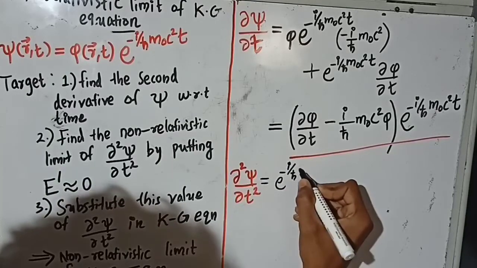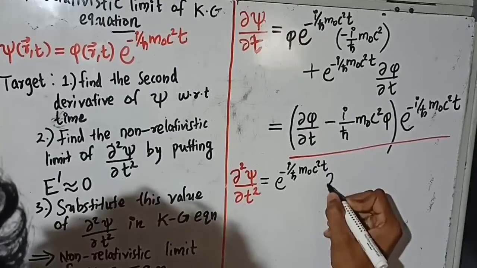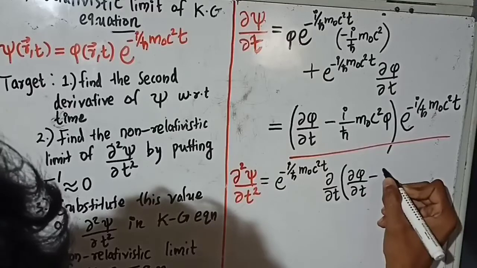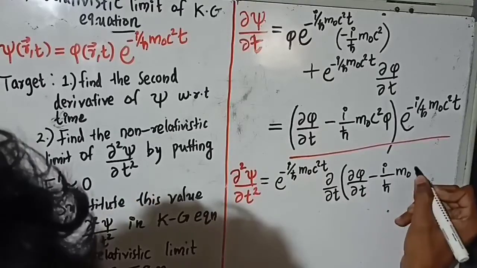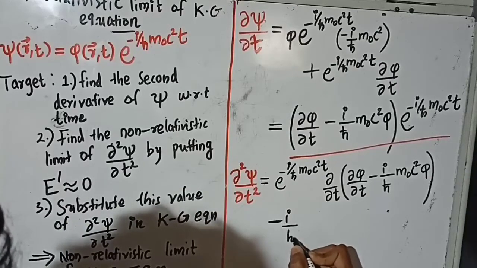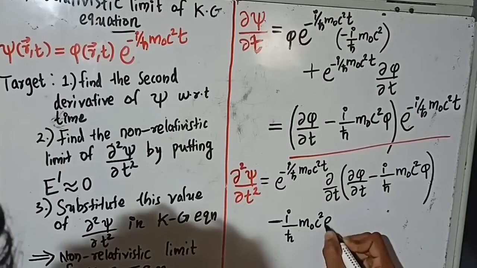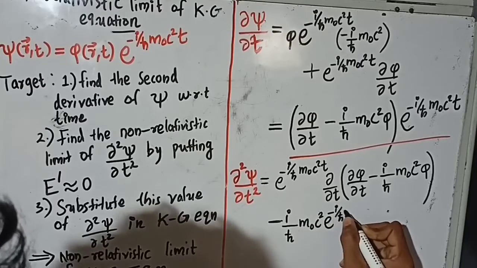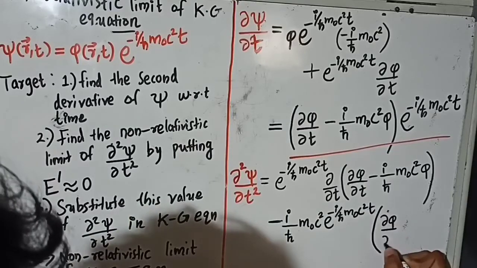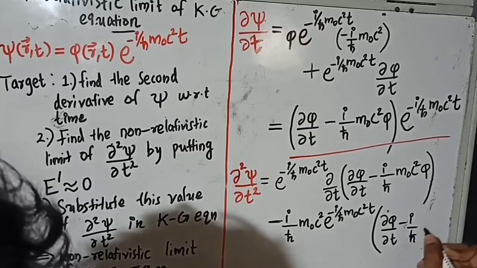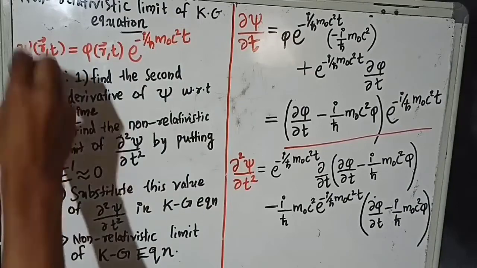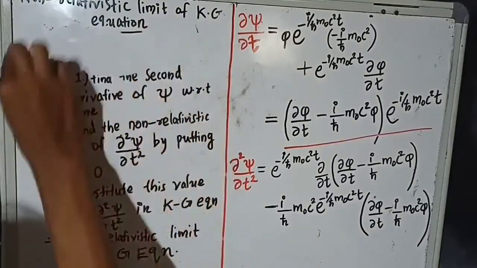Let me do it. e to the power minus i by h cross m0 c square t times ∂/∂t of (∂φ/∂t minus i over h cross m0 c square φ) minus i by h cross m0 c square times e to the power minus i by h cross m0 c square t bracket ∂φ/∂t minus i by h cross m0 c square φ.